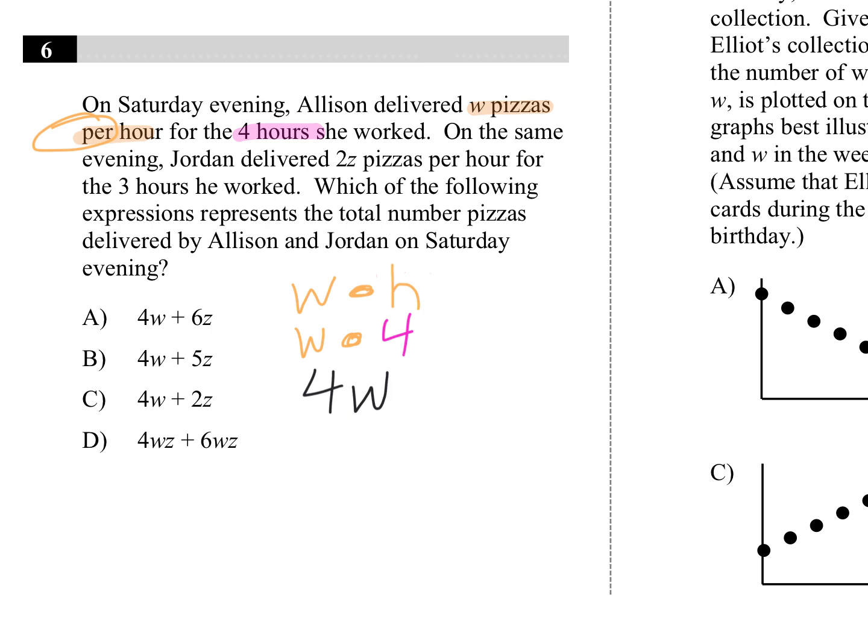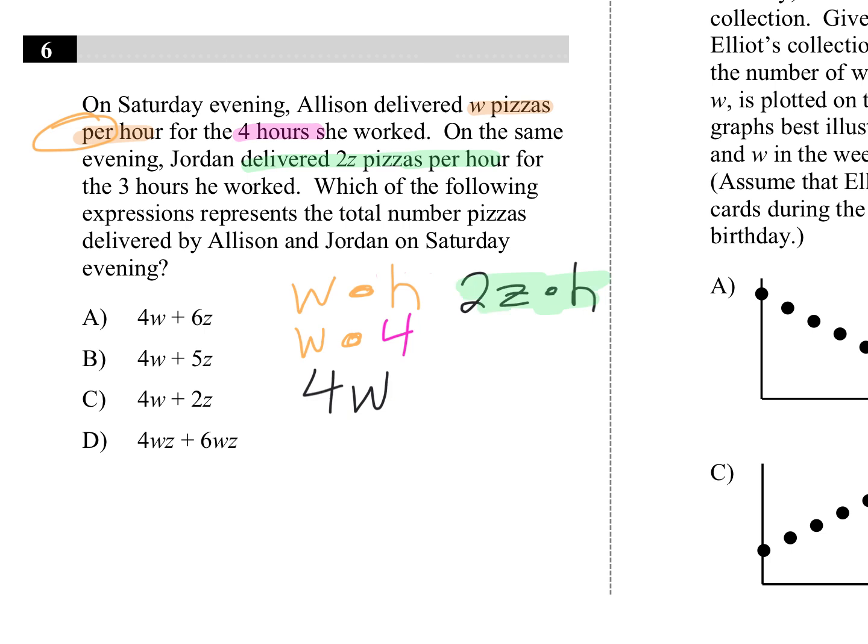Now let's look at Jordan, and this one for Jordan is a little bit confusing, I think. He delivered 2Z pizzas per hour. So that means that we're going to multiply 2Z times our number of hours.